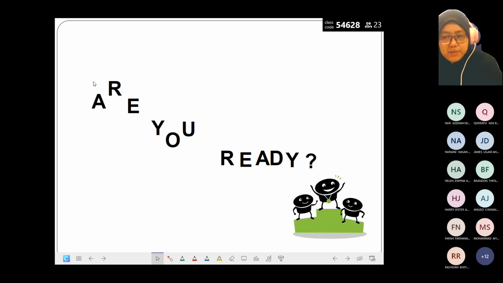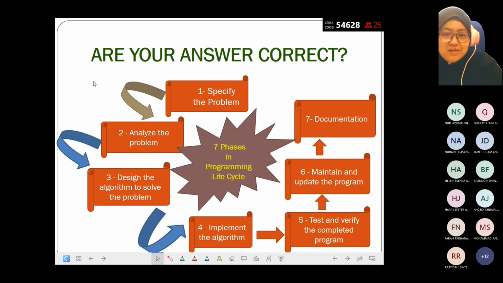Dua lagi boleh masuk. Okay, satu lagi boleh masuk. Okay, full dah. Tak boleh masuk, jangan marah dulu. Okay. Betul tak jawapan kamu?